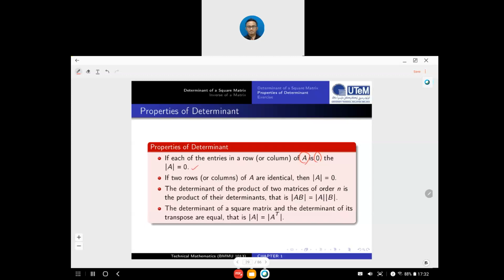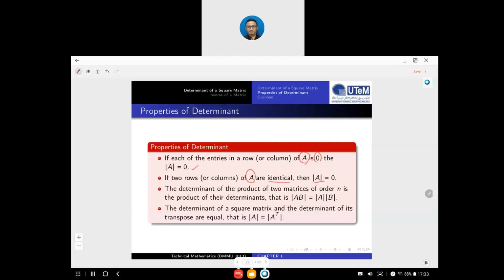If two rows or columns of matrix A are identical, then also the same thing, the determinant is equal to 0. The determinant of the product of two matrices of order n is the product of their determinants.